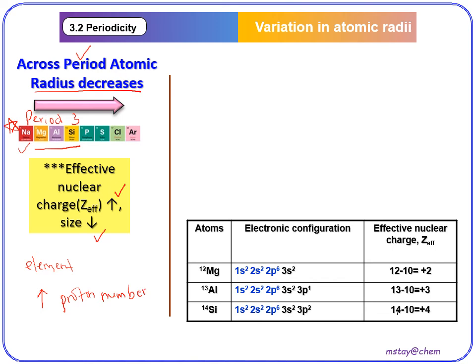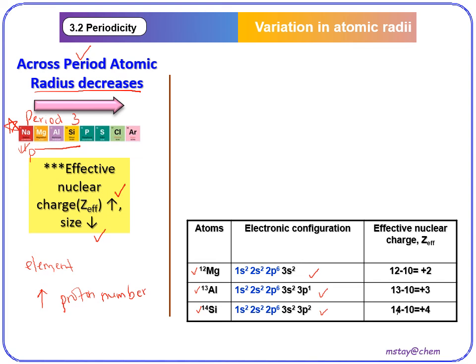If sodium has 11 protons, then magnesium has 12, aluminium 13, and silicon 14. When you write the electron configuration, based on what you learned in chapter 2, magnesium goes up to 3s2, aluminium up to 3p1, and silicon up to 3p2.